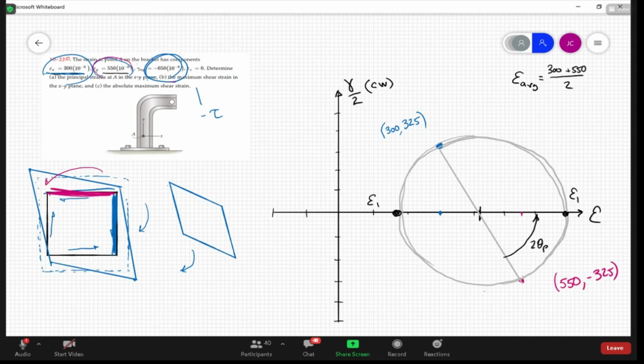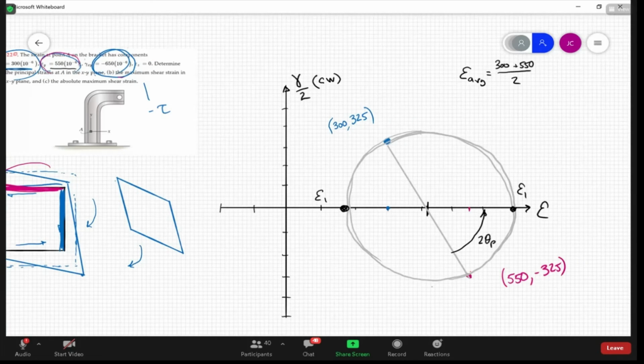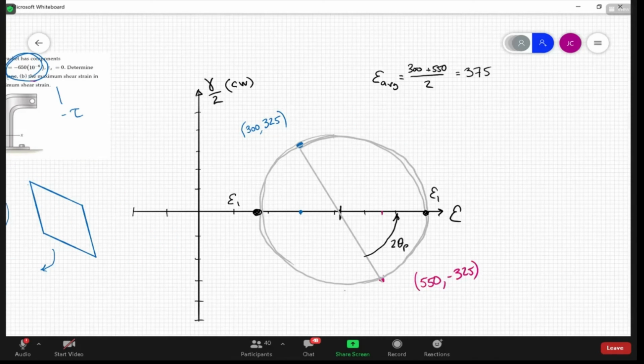So that is 375. That's technically microstrain units, right? Okay. And now let's get the radius of Mohr's circle. Let's do this point.